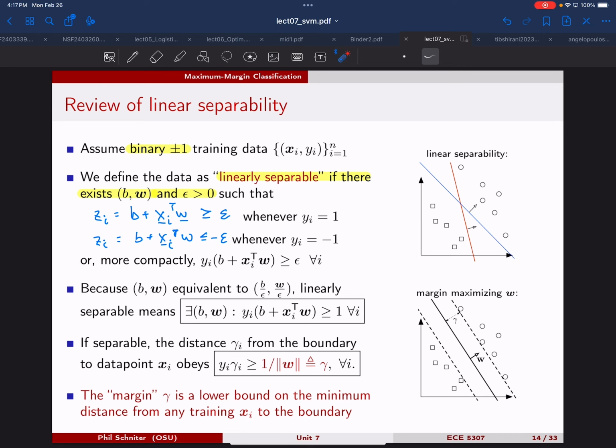Okay, so we'd like to simplify this. So notice that I have two inequalities. That's not so convenient. But I can actually rewrite them as a single inequality if I multiply the left side by yi. Because in the first case, I multiply by 1, nothing changes.